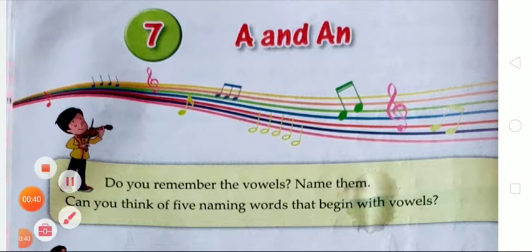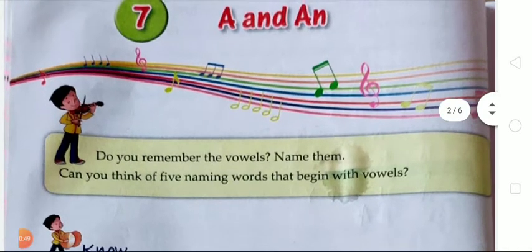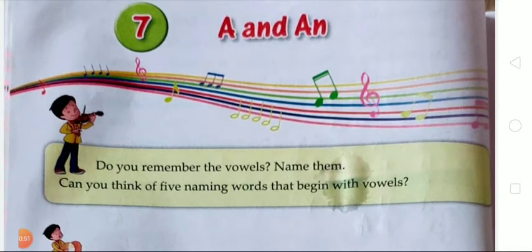Okay. So dear students, before starting the chapter I am going to ask you some questions. First of all, tell me, do you know how many letters there are in the alphabet? Yes, we all know that there are 26 letters in the alphabet.